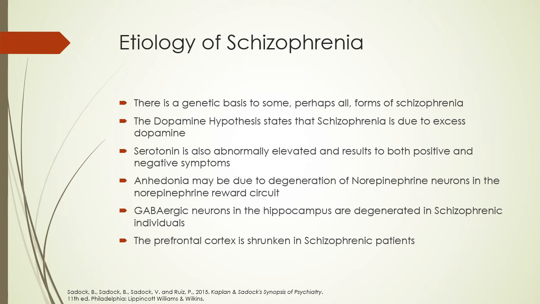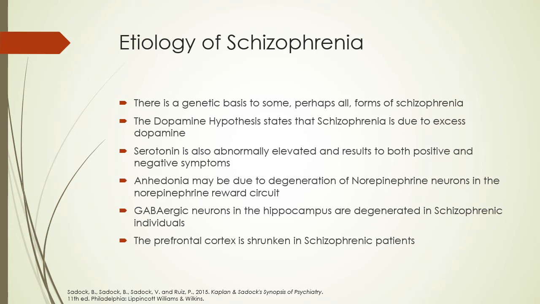So, like dopamine, norepinephrine also has its own reward circuit in the brain. When something pleasurable is experienced, norepinephrine is released in that region of the brain, which is the reward circuit.